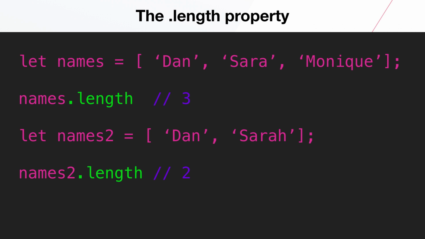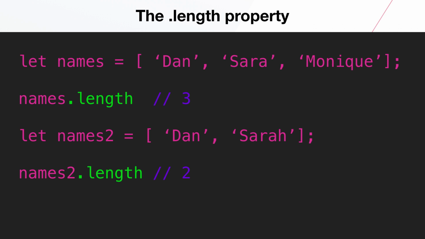In this first case, you'll see Dan, Sarah, and Monique, and we ask for .length. Notice it's just .length, with no trailing parentheses or anything. This means it's a property, which holds some metadata about our array. The length is going to give us the number of items in the array.